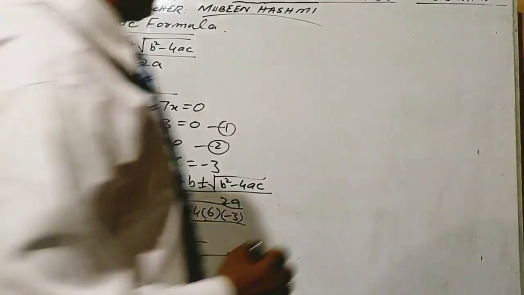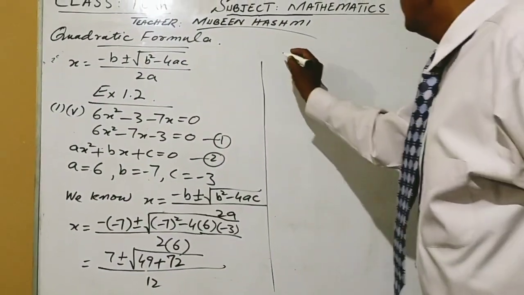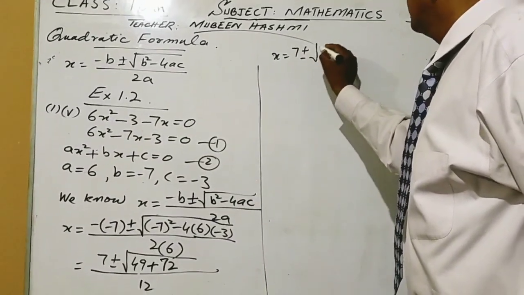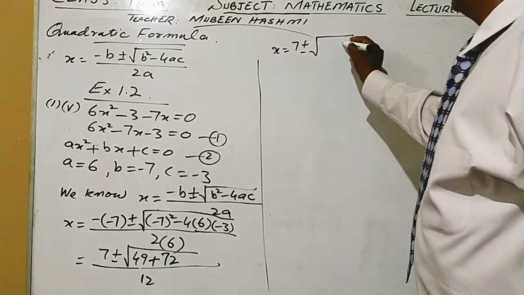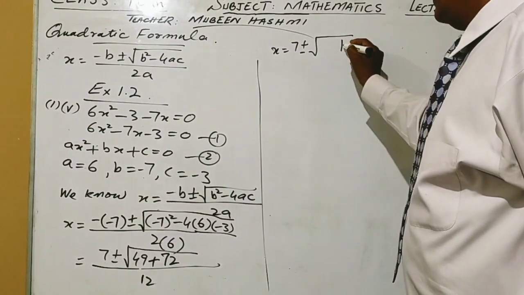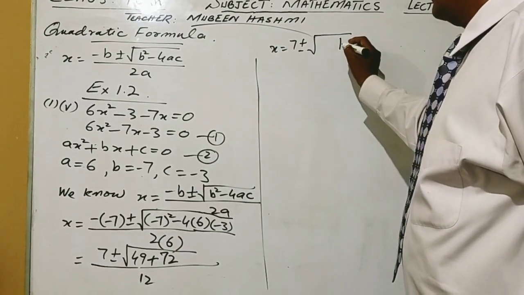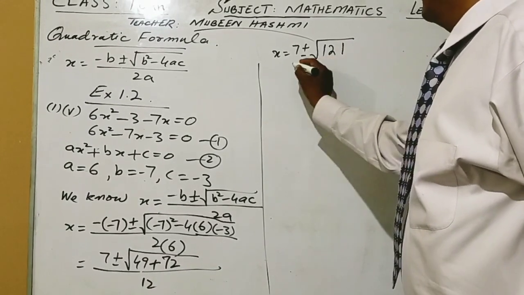Now, boys, x is equal to 7 plus minus, what is this? 121.